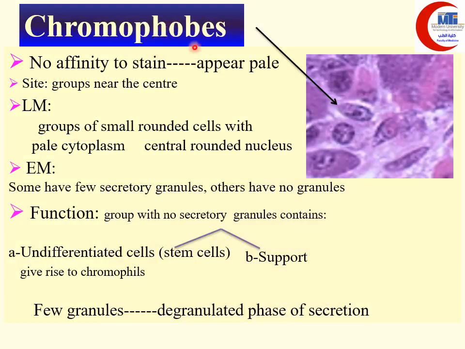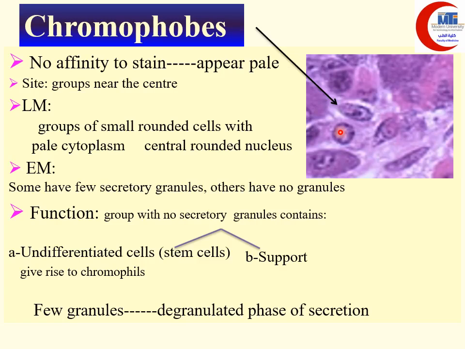Chromophobes, which form about 50% of the cells in the pars distalis, have no affinity to stain, so they appear as pale small cells. This is a light microscopic picture showing the chromophobes. By light microscope, they appear as groups of small rounded cells with pale cytoplasm and central rounded nucleus.